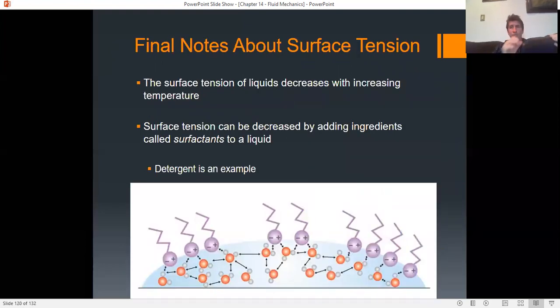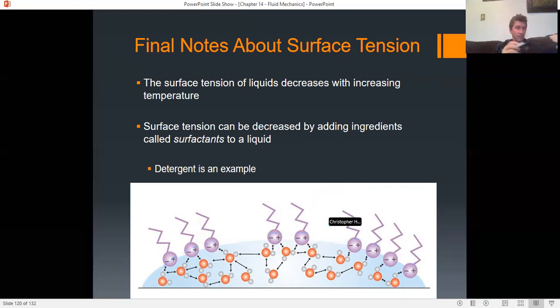We can use certain chemicals called surfactants to break surface tension. Surfactants generally have a non-polar end and a polar end. And what this reduces is the amount of surface tension by essentially canceling out the cohesive force. Again, the surfactants will sit on top of a polar solvent like water, and you'll have this non-polar end at the top, the polar end interior to this.